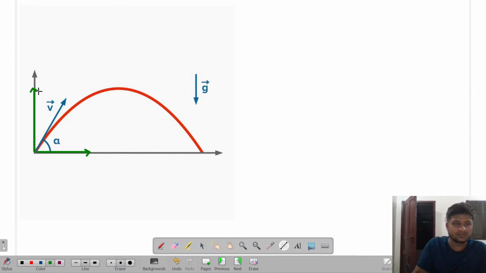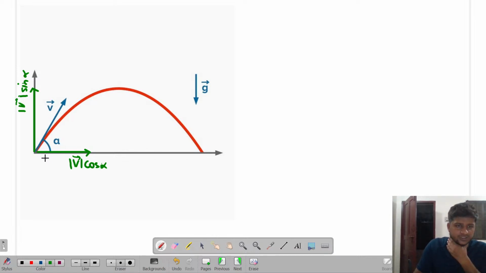Let's suppose I have velocity making angle alpha with the horizontal. Then this part of velocity is the magnitude of v vector cos alpha, and this will be the magnitude of v vector sin alpha. So our v is written as u basically.